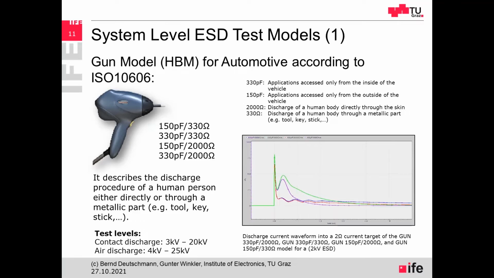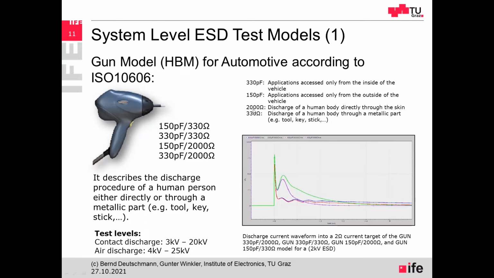And in the standard, there are different RC time constants depending on how the test should be done. So for example, there is a 350 picofarad capacitor or a 150 picofarad capacitor. And also the discharge resistances can vary between 2000 ohms and 330 ohms.